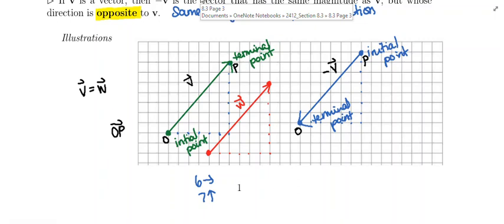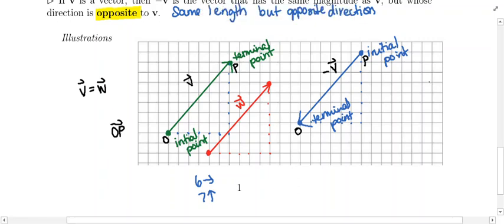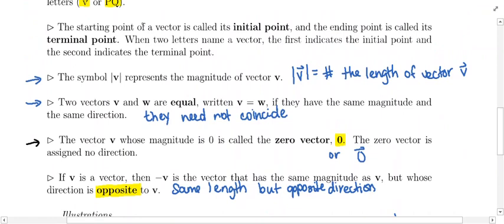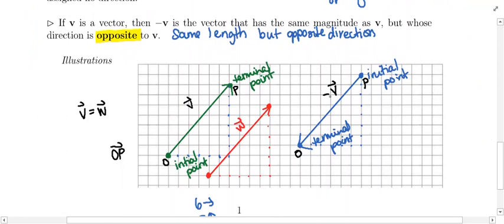And the way you would notate this, since this is an opposite vector, what did we say earlier? We said right here, when 2 letters name a vector, the first point is going to indicate the initial point, and the second indicates the terminal point. So you would name this blue vector, the initial point would have to come first, so that would be P, and then O is the terminal point. So this blue vector is PO.